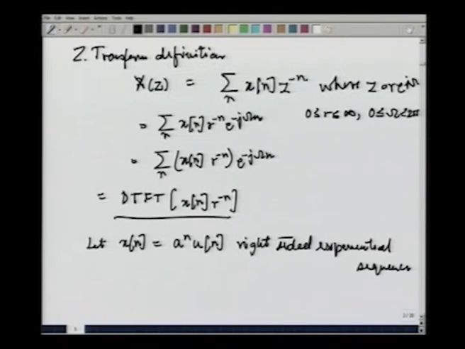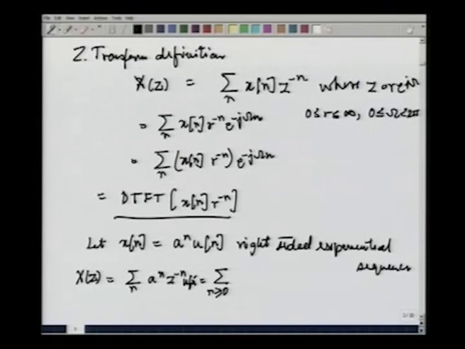So, let us just substitute it in the expression and see that X(z) equals the summation over all n of a to the n z to the minus n, which is equal to the summation over n greater than or equal to 0, because there is u[n] over there.